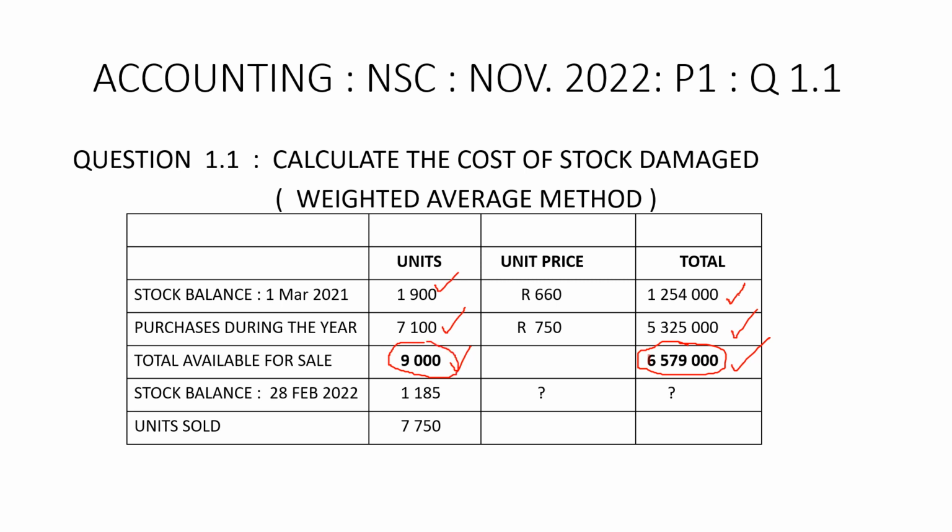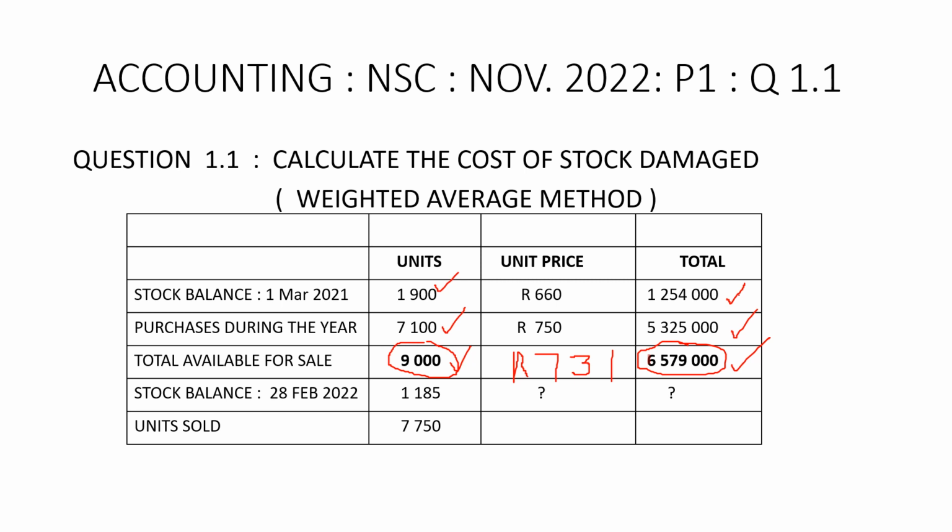And if you do that, you should get the value of 731 rand. Try it out, see if you get 731 rand. And that is the average price of one shirt.